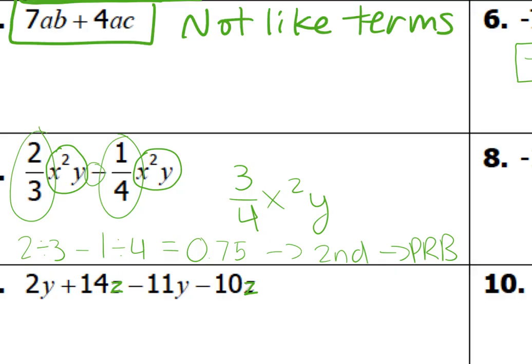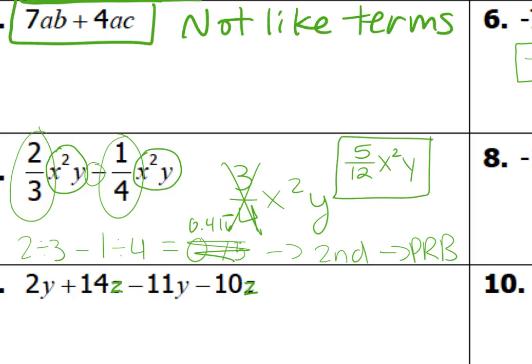Oh, yep. It's 0.416 repeating. Is that what you got? Okay. And then you go second PRB. And it's 5/12. You're right. I think I added. Oh, gotcha. Yep, that would make a difference. Okay, so you should get 5/12 x squared y as your final answer.